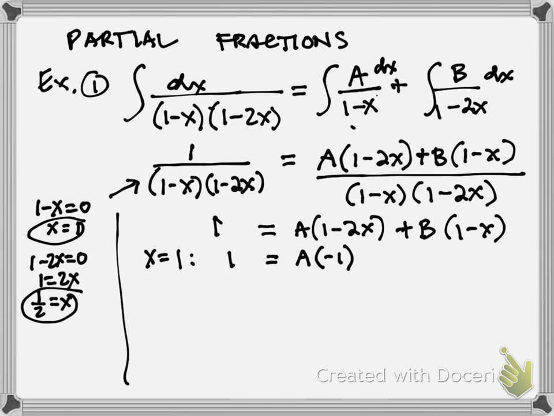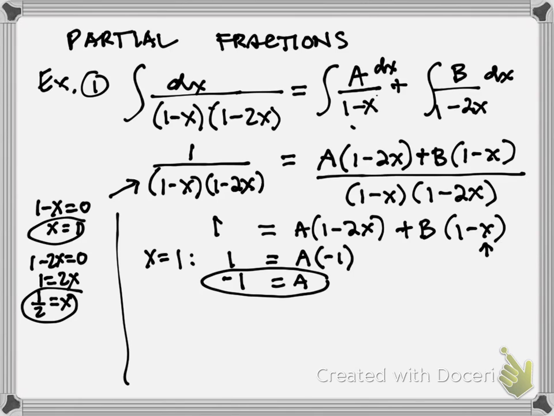And if I plug in 1 on this part here, I know that this is going to become 0, so the b basically disappears. Okay, so with this equation now, I know that negative 1 will be the value of a when we divide both sides by negative 1, right?